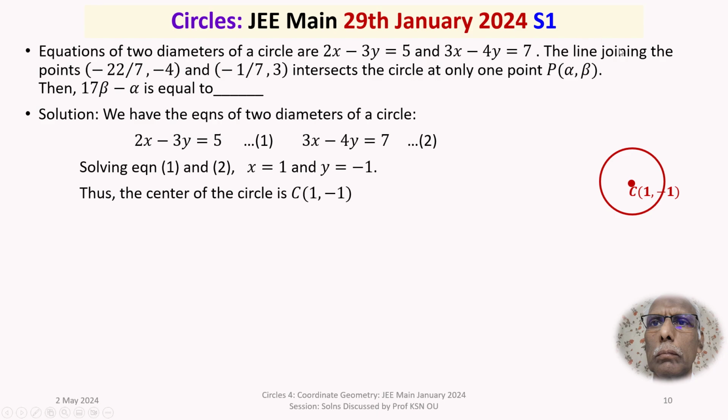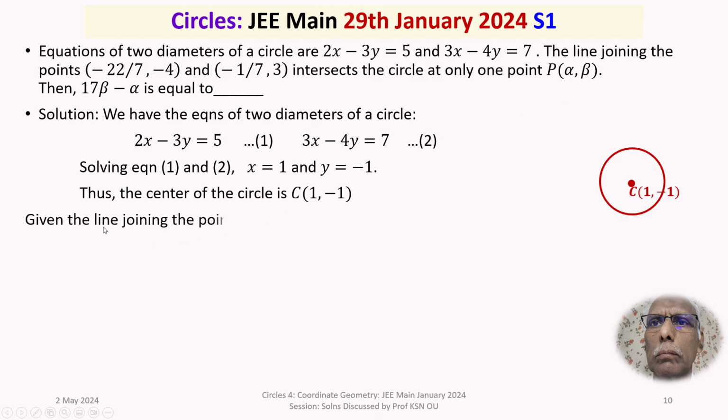We are given the line joining these 2 points intersects the circle at only one point P with coordinates alpha, beta. Intersects the circle at only one point means the line joining these 2 points will be a tangent to this circle at the point P with coordinates alpha, beta.